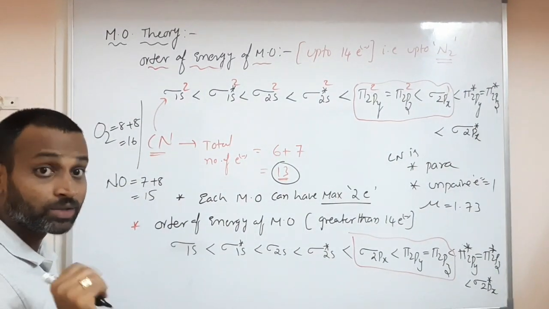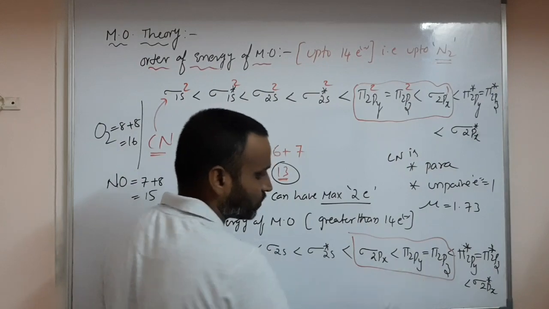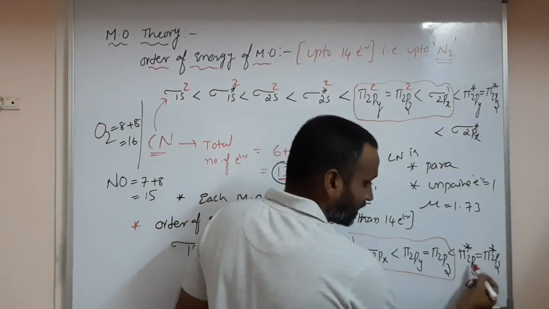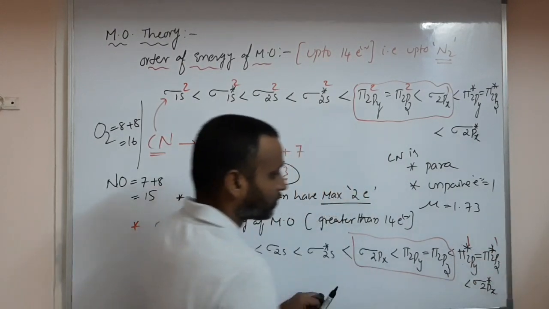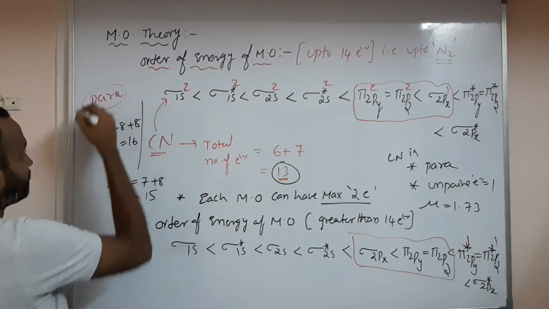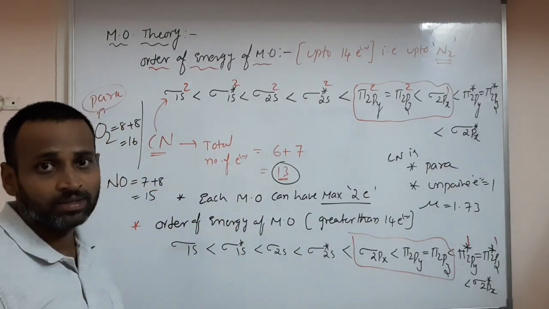They will say like that. But you have to check the orbitals. 1, 2, 3, 4, 5, 6, 7. 7 times 2 is 14. Remaining 2 electrons you will have. Those 2 electrons go into equal energy orbitals, no? So 1 electron you have to fill in each. That's why O2 is paramagnetic in nature. Maybe many people are habituated, but few people will think like that.